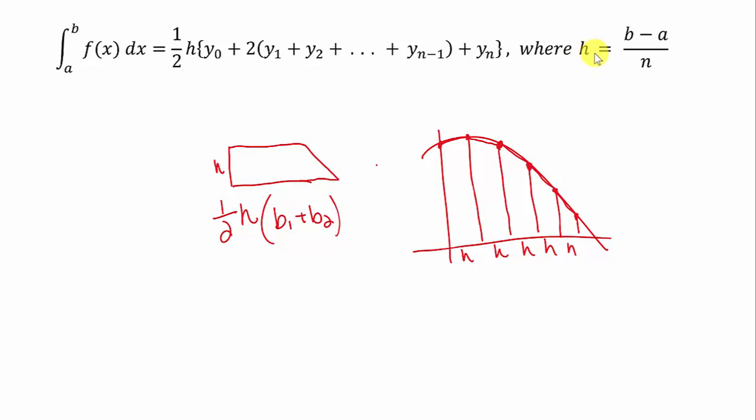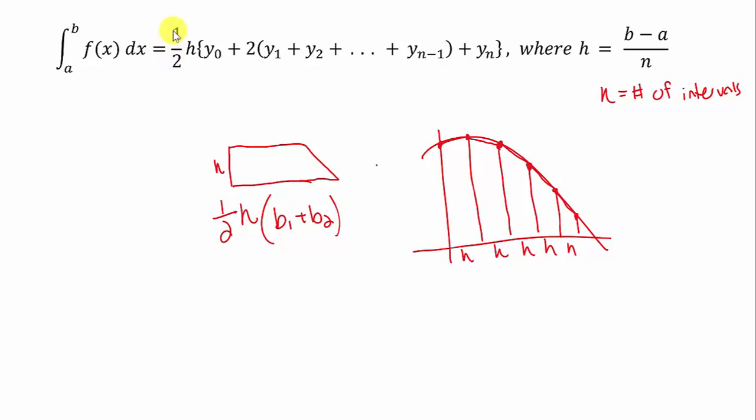So the height is going to be equal to b minus a, and those are my bounds, so my highest bound minus my lowest bound, over n, where n equals the number of intervals that I want to use. Okay, so the number of intervals, or basically the number of trapezoids. Okay, so that's what n is going to be. And this formula is going to give me my height, which in this case kind of looks like width, right, of each trapezoid that we're going to use.